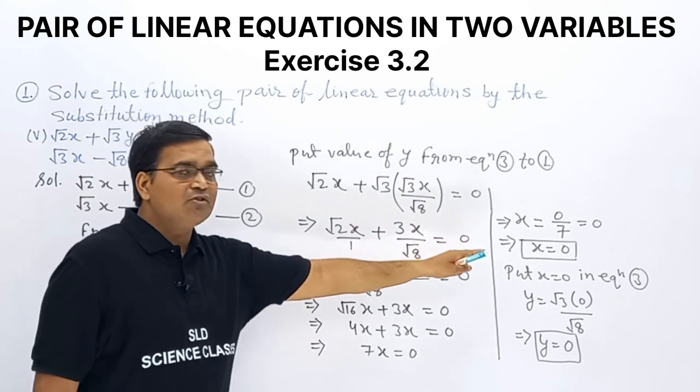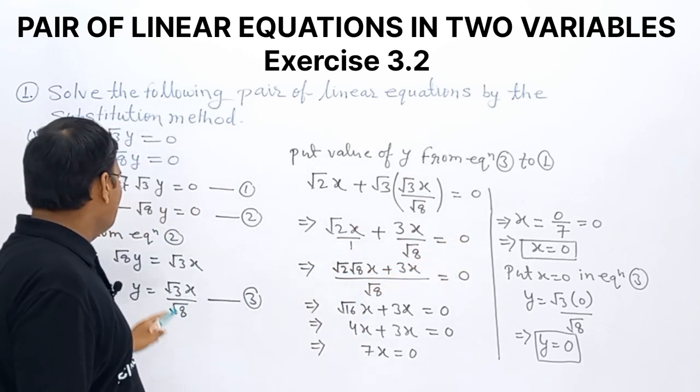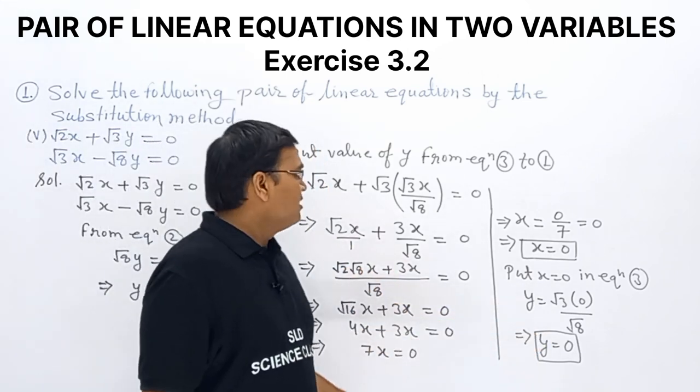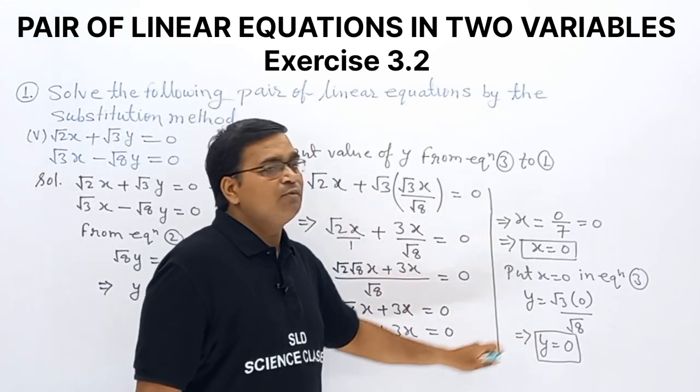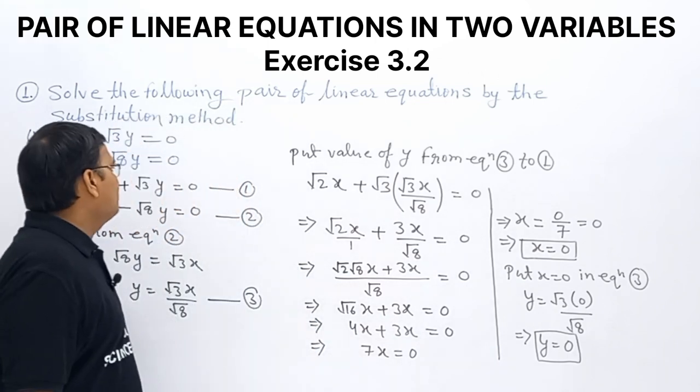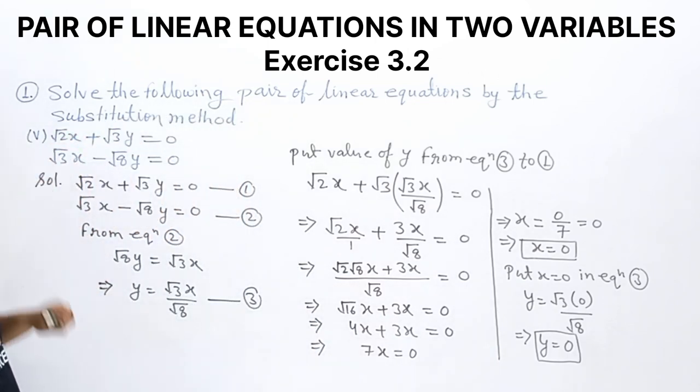Then we put x equal to 0 in equation 3 and got y equal to 0. So x equal to 0 and y equal to 0 are the solution of this pair of linear equations.